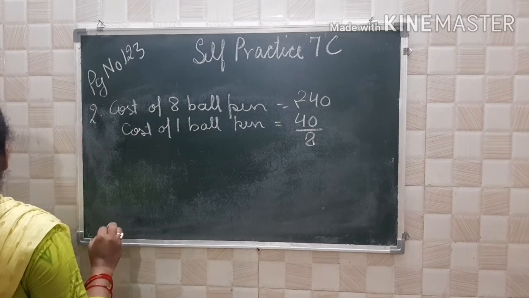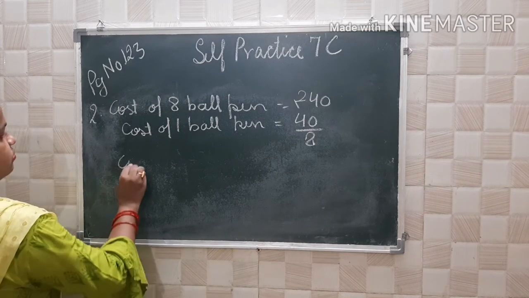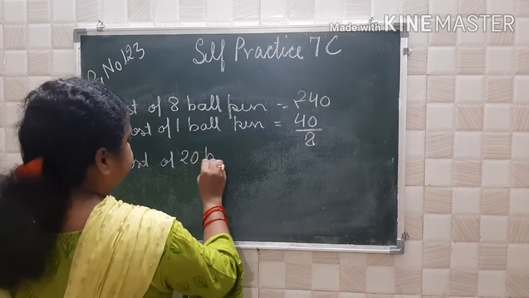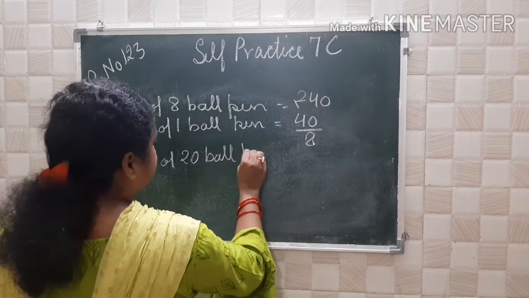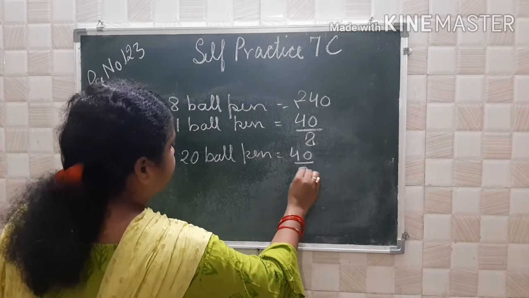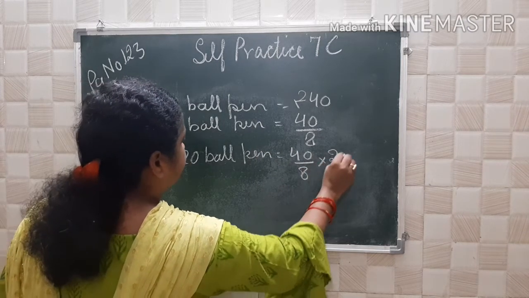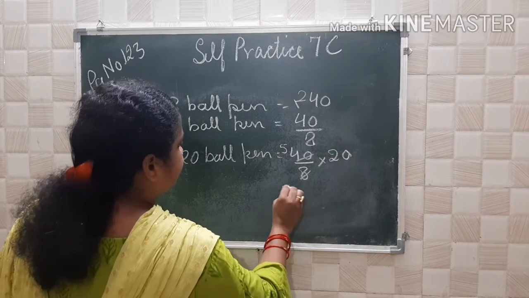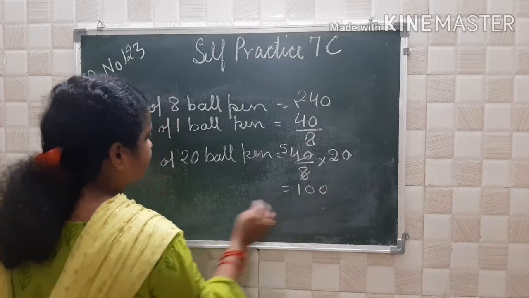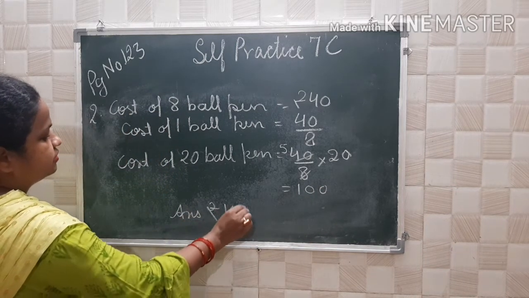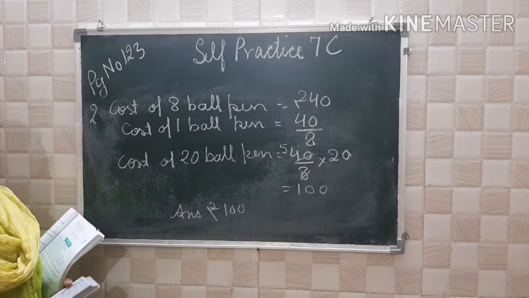Now how many total ball pens do you want? 20. The cost of 20 ball pens is 40 upon 8 into 20. You know 8 5s are 40, so 5 20s are 100. What will be your answer? Rupees 100.